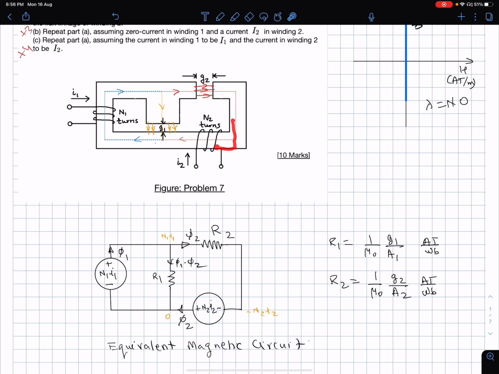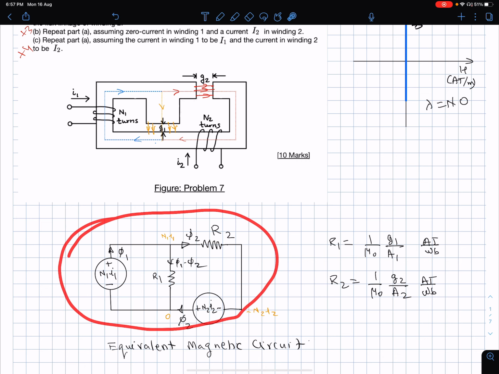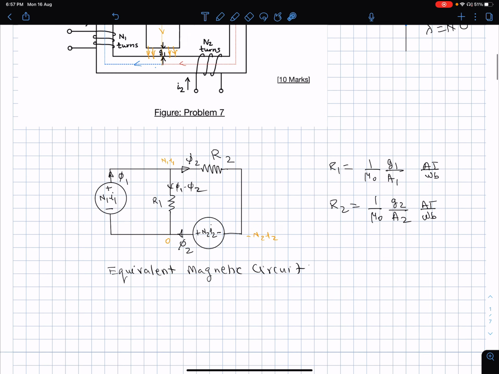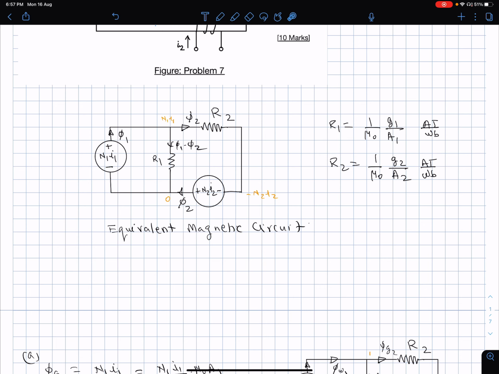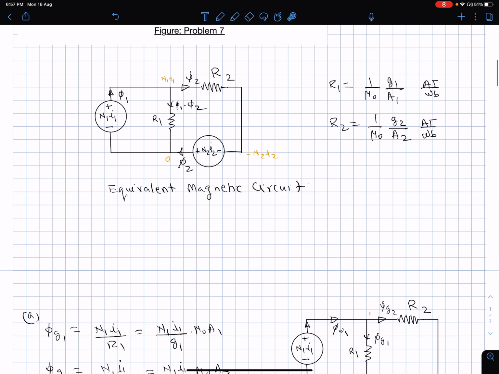And then as you come back and want to close this loop, you will encounter an MMF rise of N2 I2, and then you will hit this point where the air gap flux is coming and joining. So you will meet this junction, and so this becomes your equivalent magnetic circuit.